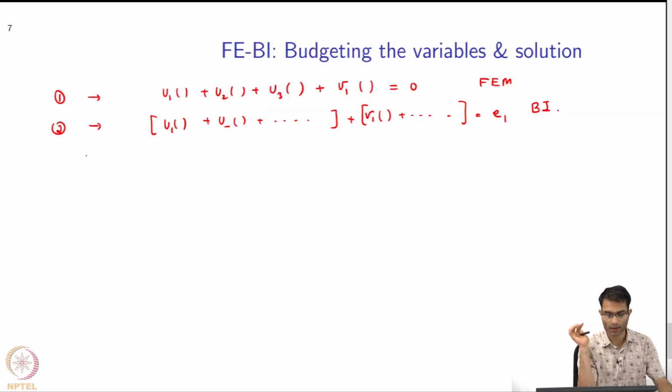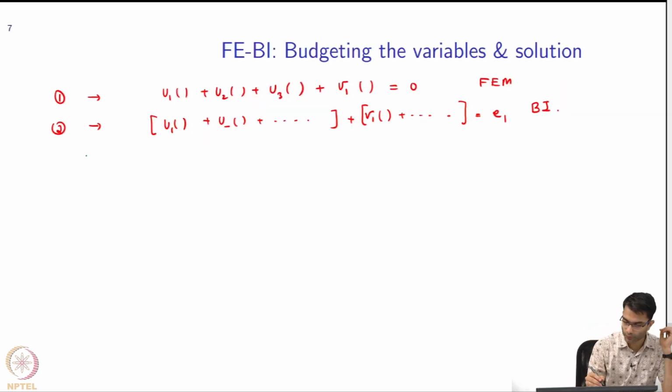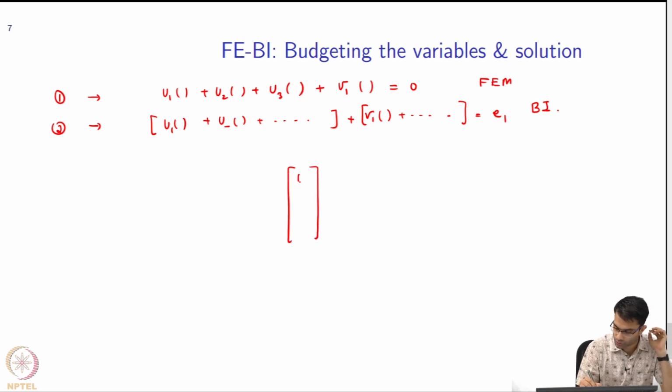But now when I combine all of these together, what is the overall system? Let me write down the unknowns now. Unknowns are going to be u and v: u in the interior, u on the boundary, and v on the boundary. These are my unknowns, so this is n plus 2m cross 1.